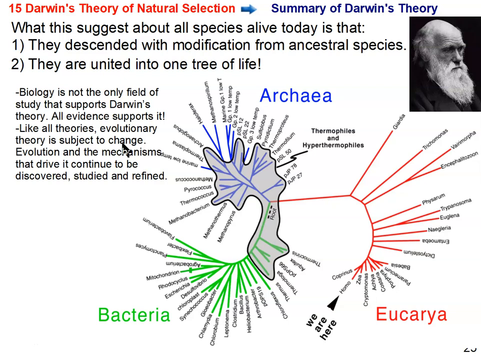So just because we've got this theory and we all know that it's fact in the scientific community, that doesn't mean that it's not evolving. The theory of evolution itself is evolving. It's changing. We're learning more about it. We're still studying it. So evolution and the mechanisms that drive it continue to be discovered and studied and refined. And that's probably going to go on forever.